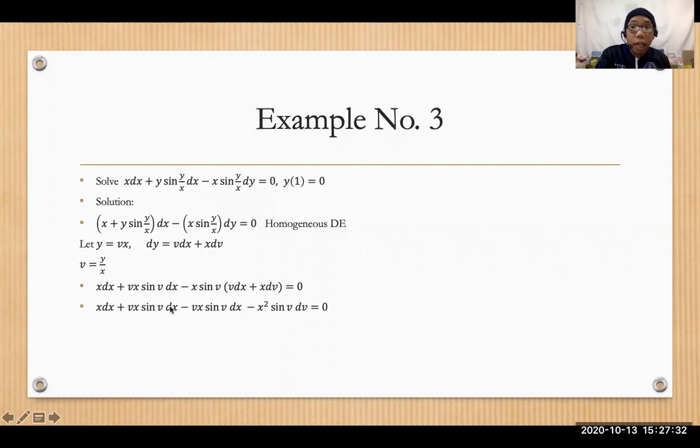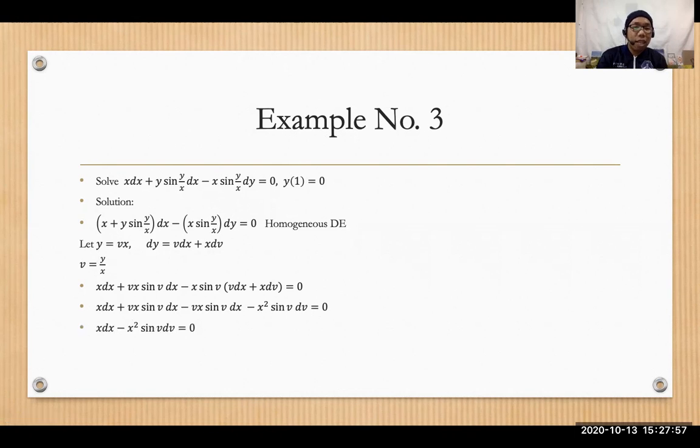At may makita ka ditong like term. So usually kapag may mga unlike signs dyan, may makakancel ka kaagad dyan. Or kapag kapareho man yung sign nila, meron kang mapag-a-add dyan. Okay, so makakancel na natin yung itong vx sine v dx. Ang matitira dito is x dx minus x squared sine of v dv.